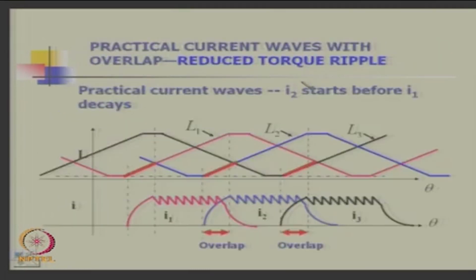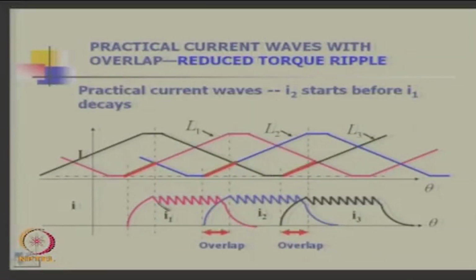Now, practical current waves and how to have reduced torque ripples. What you do is you have certain controllers like hysteresis band. You see the current can be passed as one single pulse, or it can be chopped in a way.